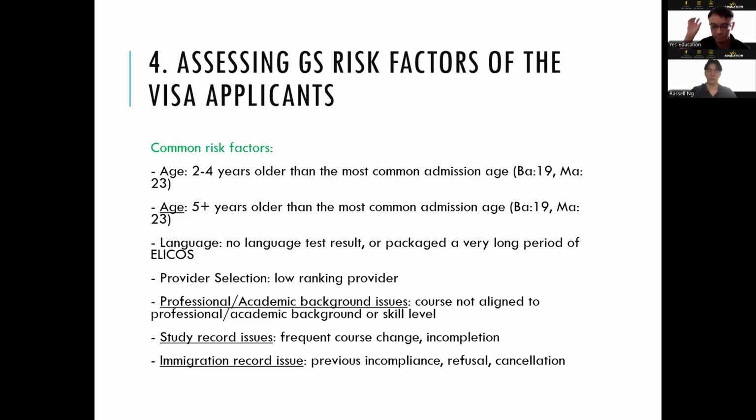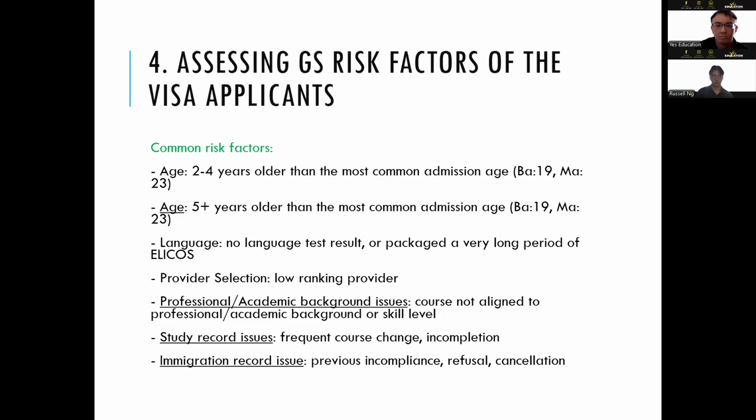And then there's study record issues. If the study record shows a lot of problems, like frequent course change or any incompletion, that may become a problem. And the last factor is the immigration record issue, like previous incompliance of visa or previous refusals.